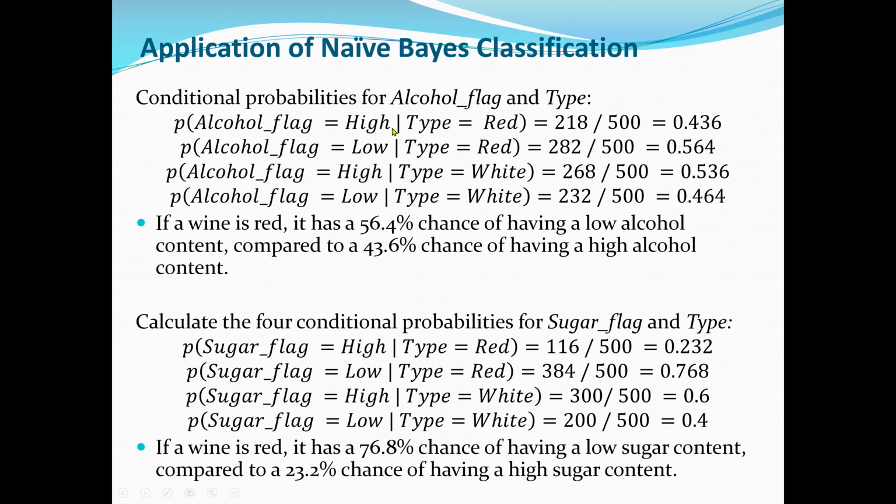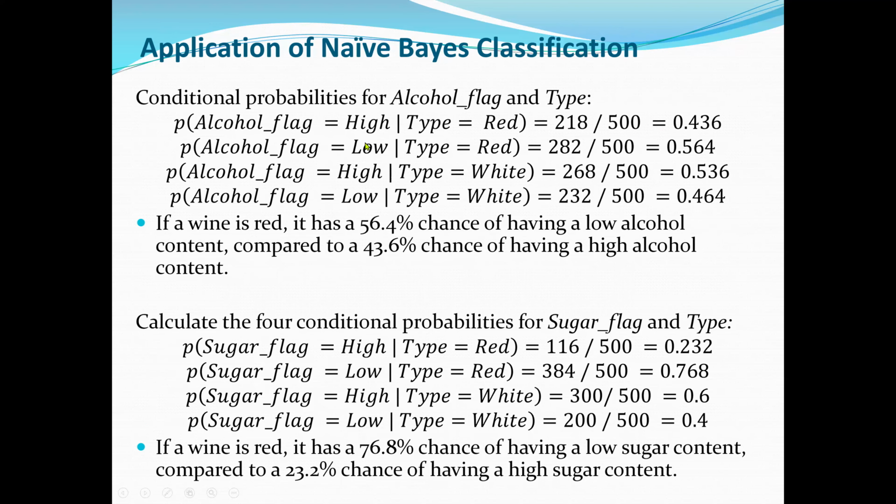So the conditional probability for alcohol flag and type. We say the probability of alcohol flag is high, given the type to be red, is 218 by 500, because the total red is 500, and the alcohol flag for that category is 218.